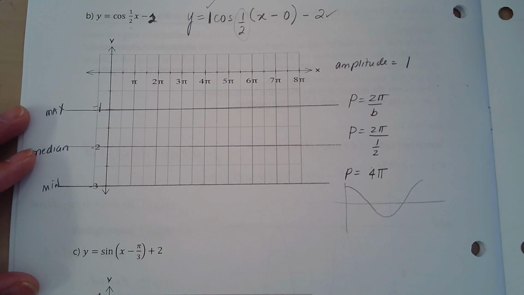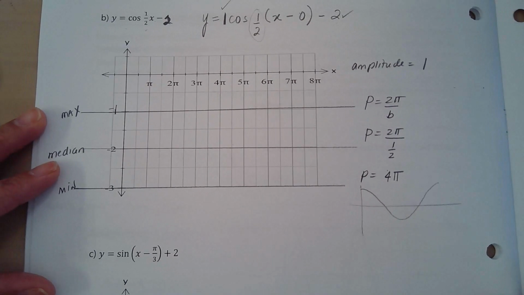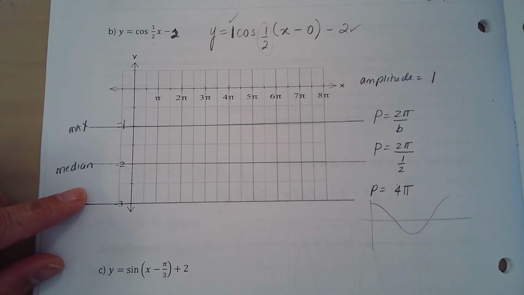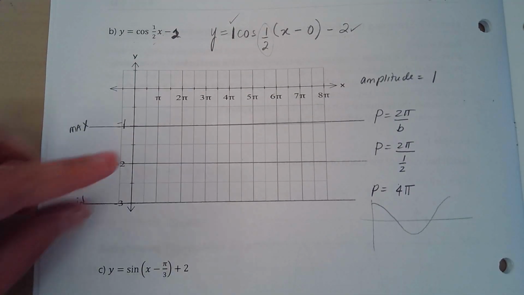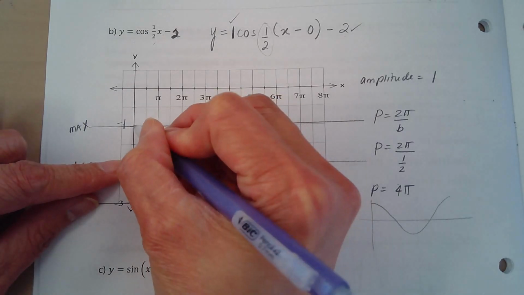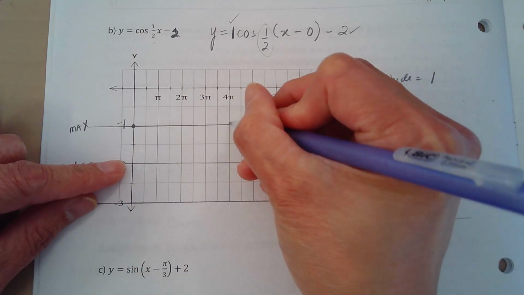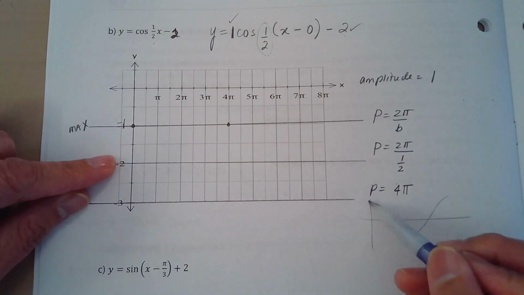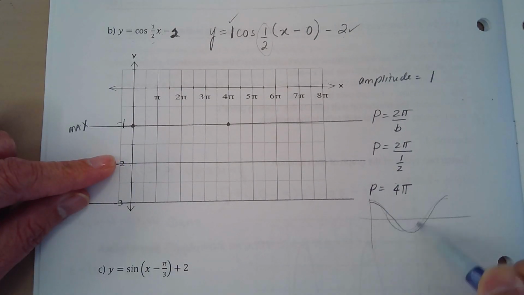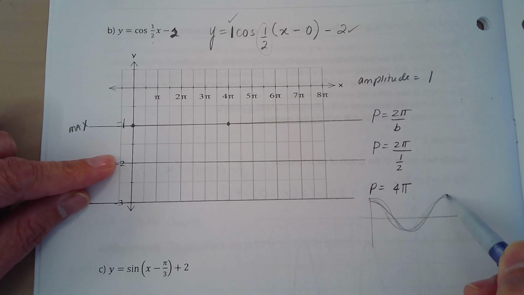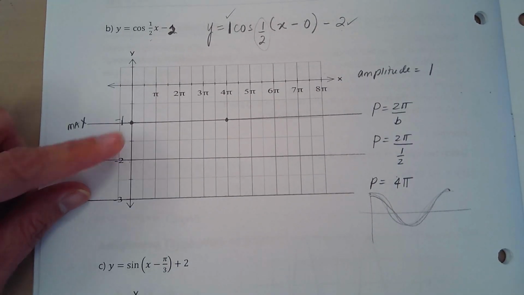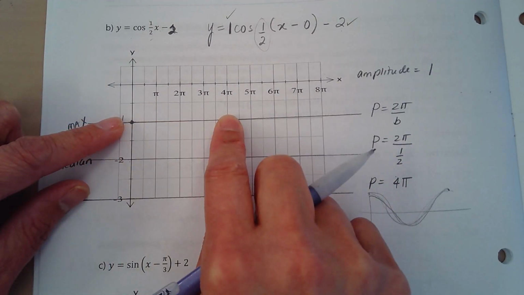Okay, so no phase shift, so we're going to start here up to 4 pi. So from here to there, that's one whole cycle. Maximum to the next maximum is 4 pi.